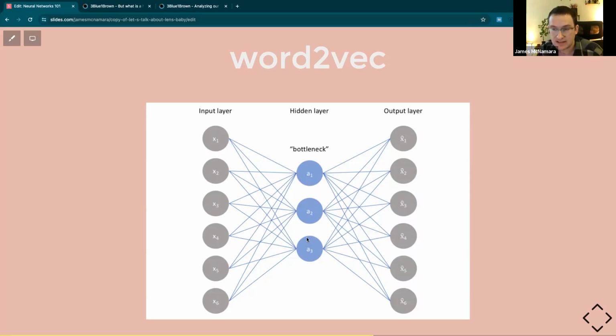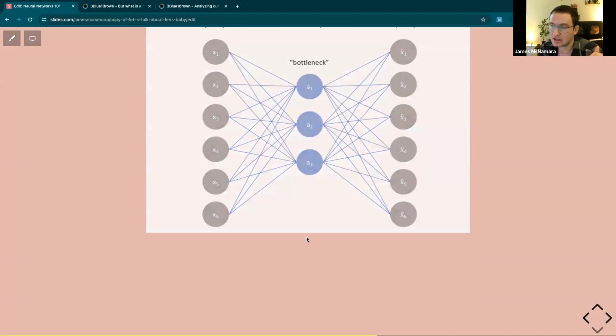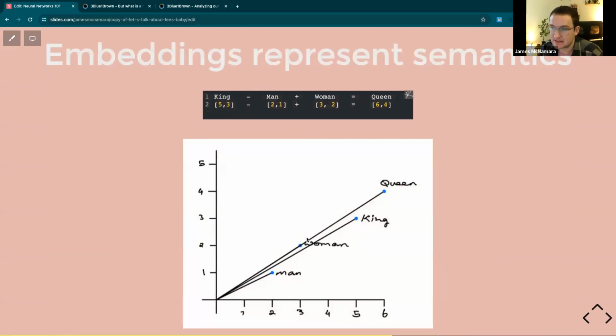But what was really exciting about it was that when they looked at the 300 element representation of every single word that they trained it on, it had learned semantics. It hadn't learned just to represent words, but it learned what words meant by looking at how words appeared next to each other in text.